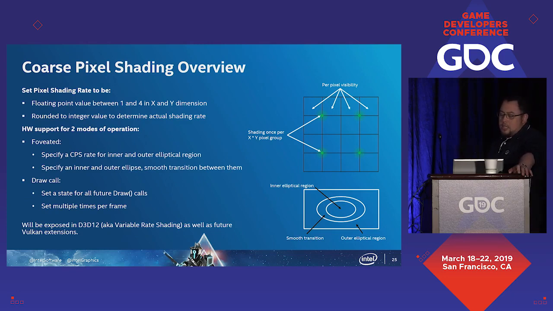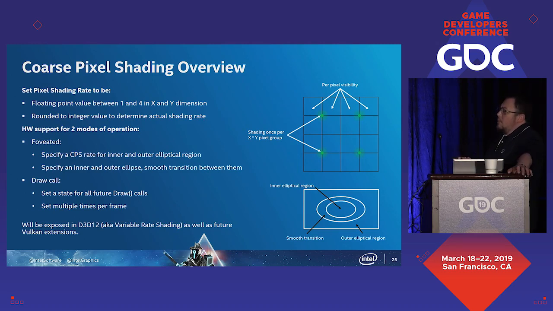Depending on the application, you can program this and say, for these particular draw calls, I want to do a 4x4 coarse rate rather than the full detail one. What's really nice is that it gives the application control over the draw calls that are really important, where you want the highest detail. In a lot of the demos and samples that you'll see, it's really hard to tell the difference.